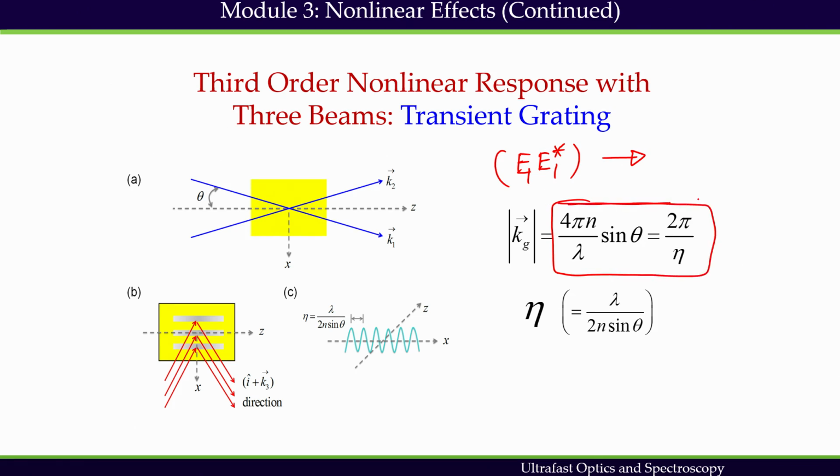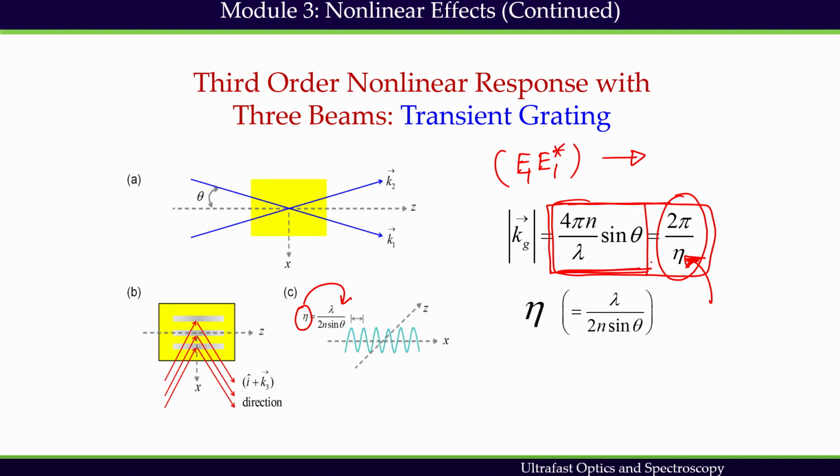Any wave vector can be represented by 2 pi by eta, where eta is the wavelength of that repetition. If this oscillation is represented by this eta wavelength, that is connected to the excitation wavelength following this equation. This wave vector we get from the previous calculation.